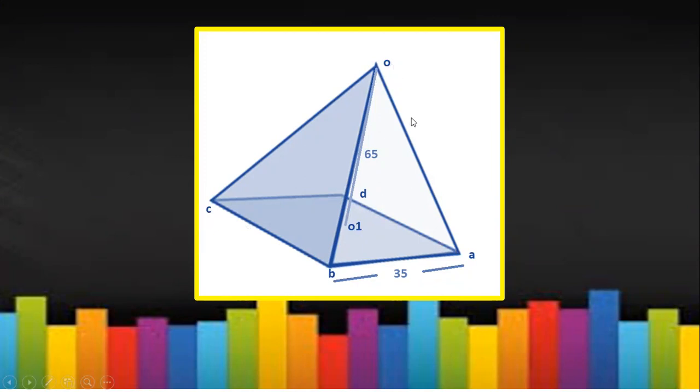In this problem, the edge of the square base is given as 35 mm and the height of the square or the axis is given as 65 mm. So axis is nothing but O1 to O, that is the height of the pyramid.